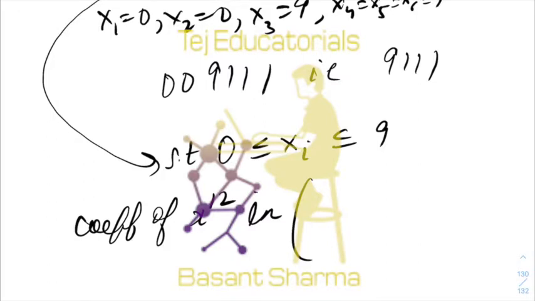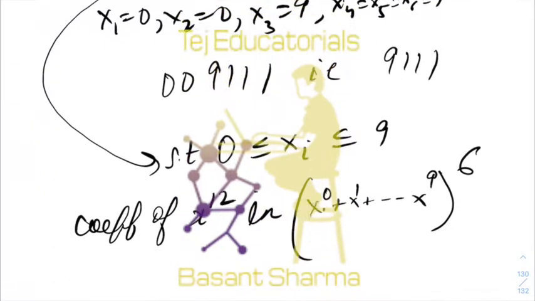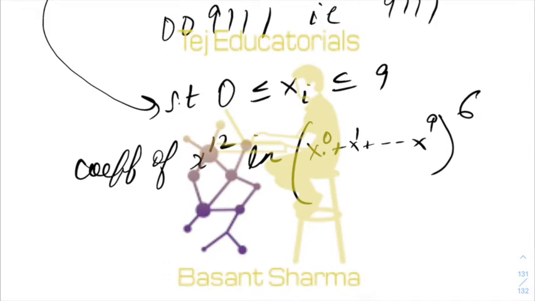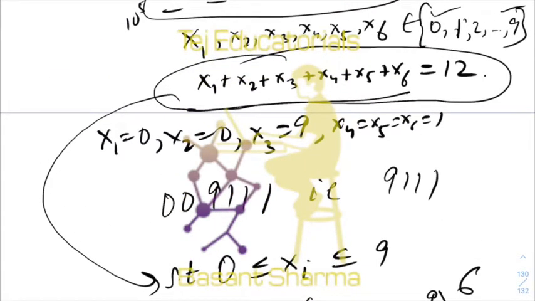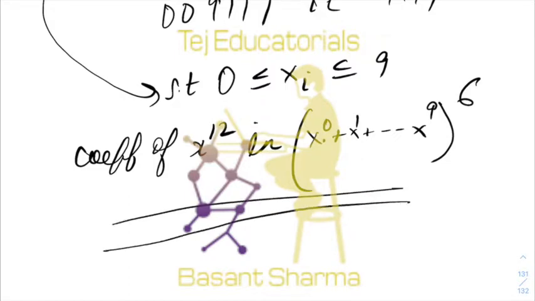You have six variables, so this will be x to the power 0 plus x to the power 1 and so on till x to the power 9, and there will be six factors, so raised to 6. Note that it includes the case. So this is what you have to solve.